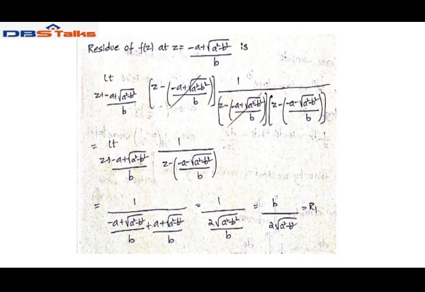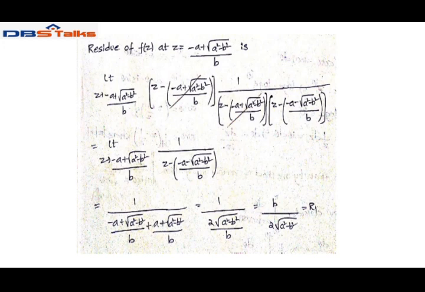So that equal to limit z tends to a, means minus a plus root of a square minus b square by b multiple of z minus a, means minus a plus root of a square minus b square by b, 1 by, then f of z can be written as z minus a plus root of a square minus b square by b into z minus of minus a minus root of a square minus b square by b.